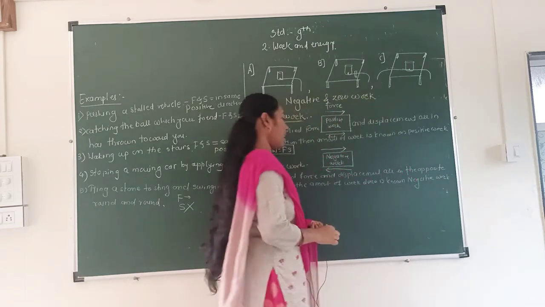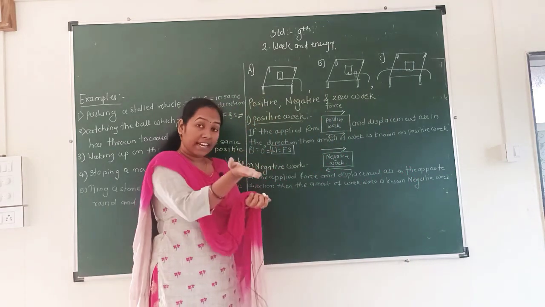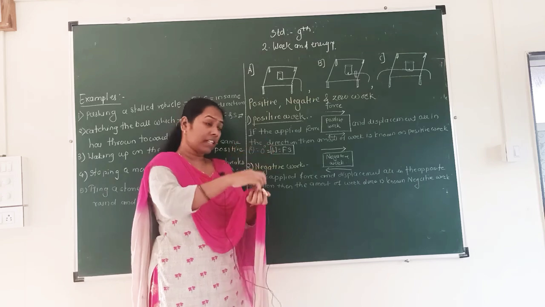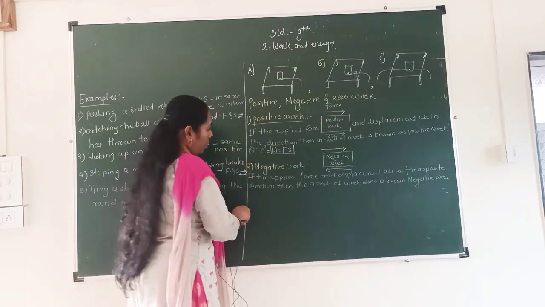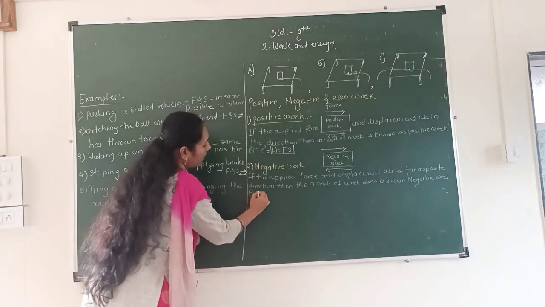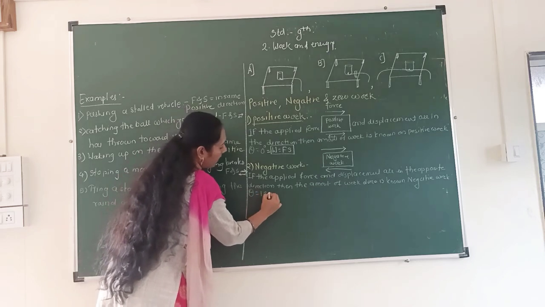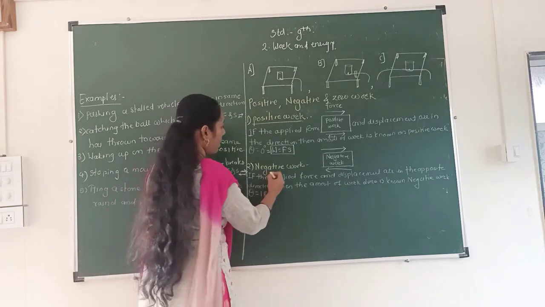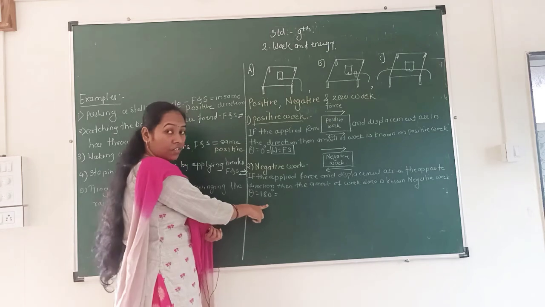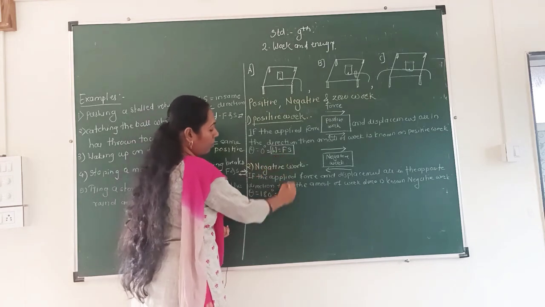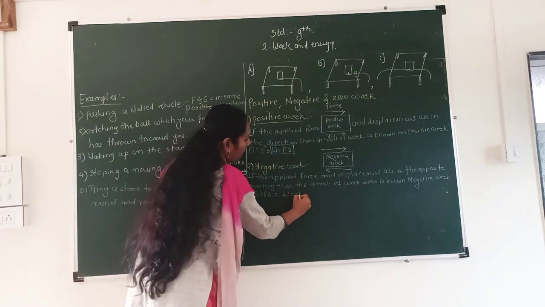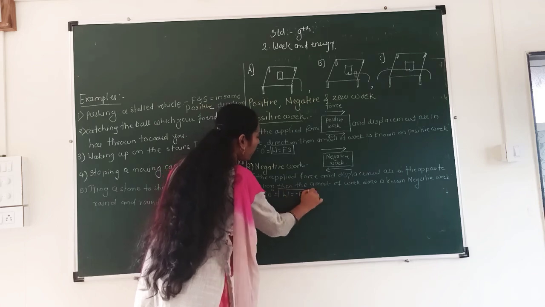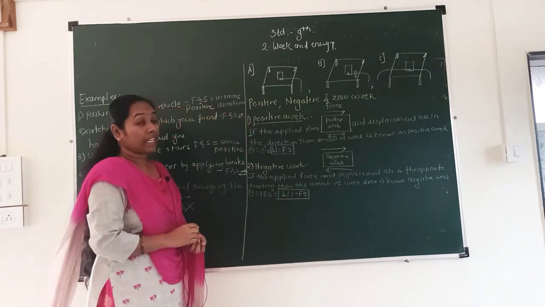In this case the angle is 180 degrees. So for negative work, theta is always 180 degrees. Therefore, when theta is 180 degrees, W is equal to minus Fs. This is negative work.